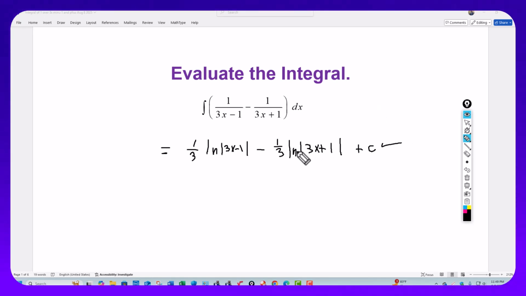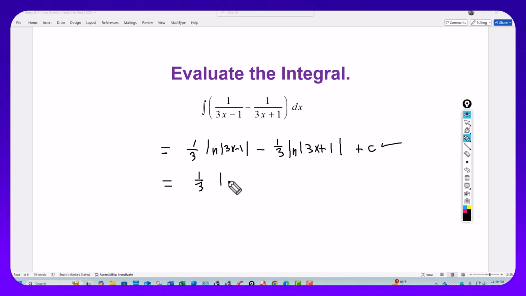Maybe you want to put it in a more simplified form, so we can use some properties of logs and factor out the 1/3. So we factor out the 1/3, and then you have the natural log of absolute 3x minus 1 minus the natural log of absolute 3x plus 1. So we factor out the 1/3, and then we have a difference of logs.